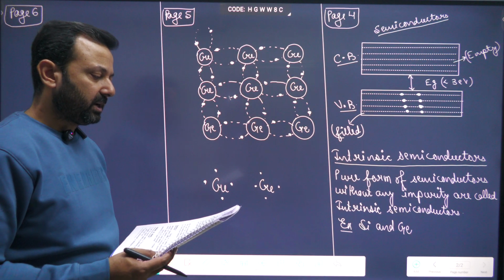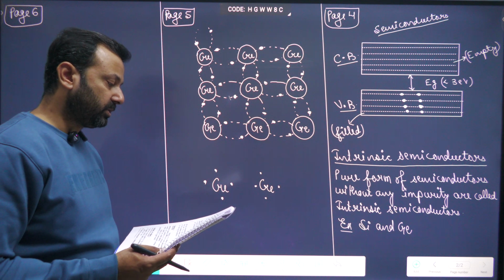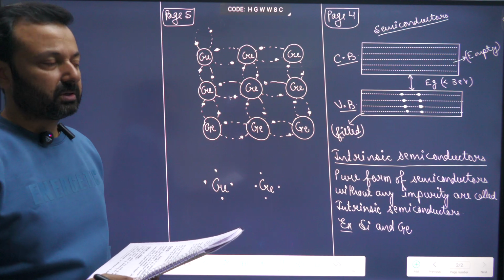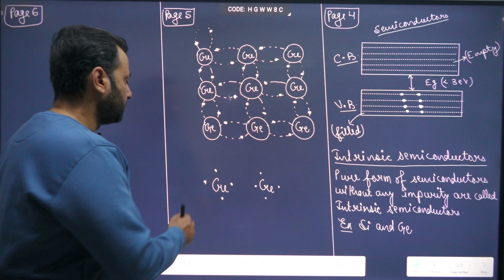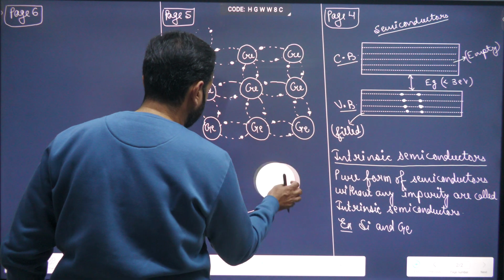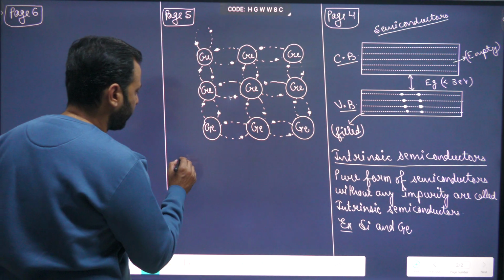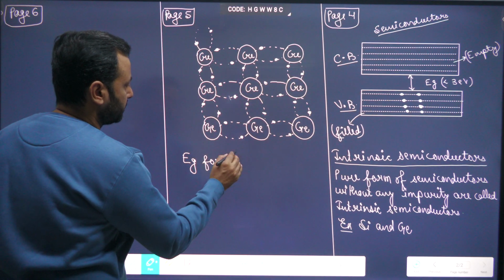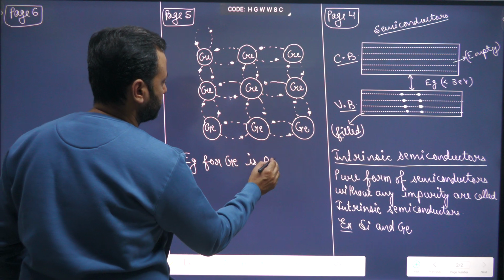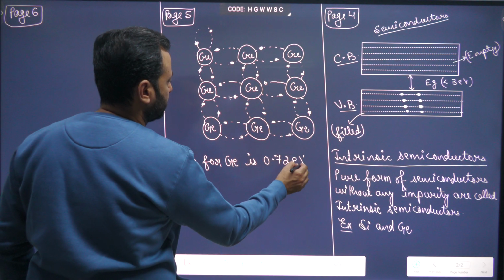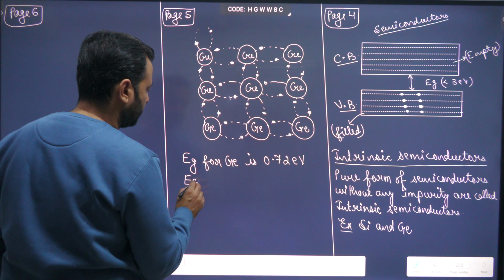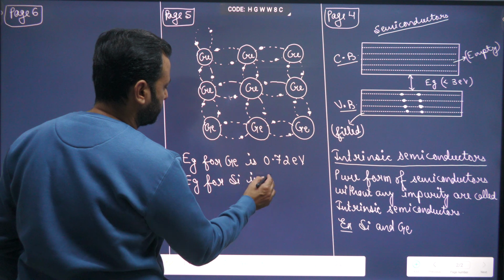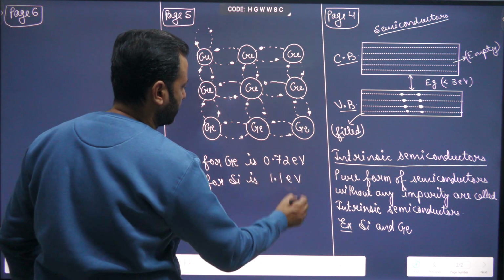The minimum energy required to break a covalent bond is 0.72 electron volt for germanium and 1.1 electron volt for silicon. So the energy gap for germanium is 0.72 electron volt, and the energy gap for silicon is 1.1 electron volt.